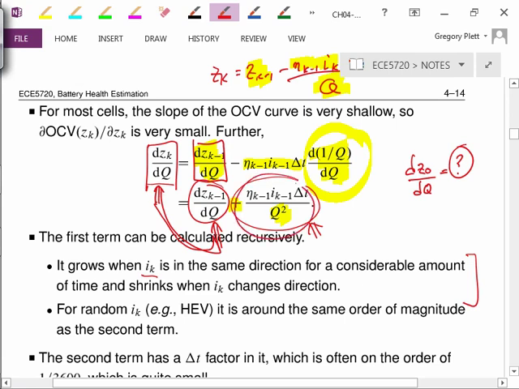And this term here is kind of constant magnitude, and it can be positive or negative as current charges or discharges. Also, the second term, notice, has a 1 over t in it. And if my sample rate is 1 hertz, that's 1 over 3600.